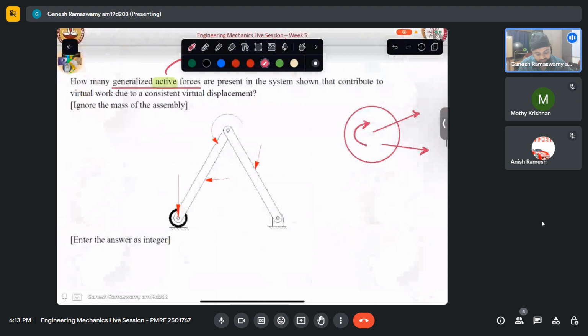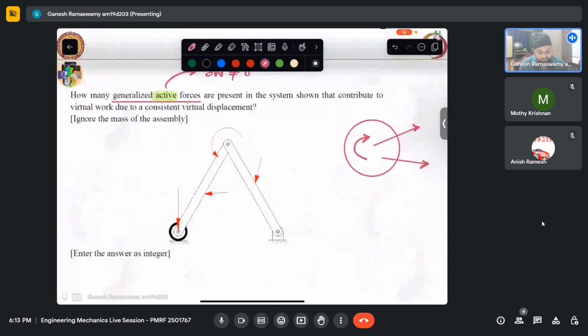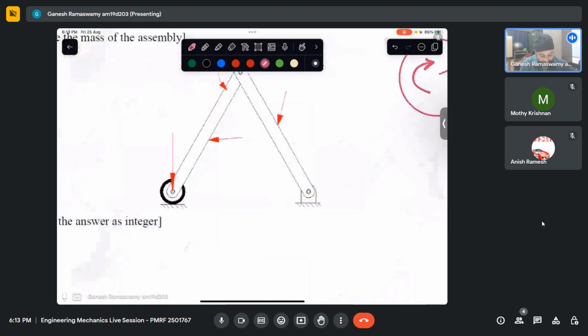How many generalized active forces are present in the system shown that contribute to virtual work due to a consistent virtual displacement? Now we have seen what the consistent virtual displacement will be. Can it go through the floor? If I give a virtual displacement like that, it cannot go through the floor. That is for sure.